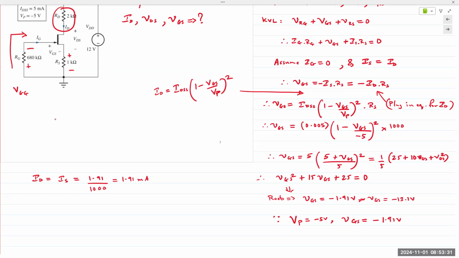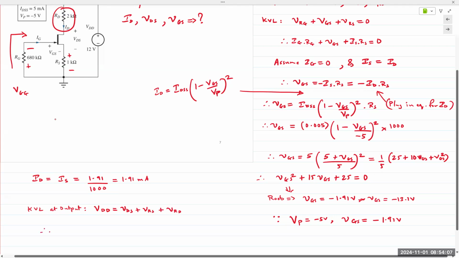Then for VDS, we apply KVL at the output. When you apply KVL at the output, we obtain an expression: VDD is equal to VDS plus VRS plus the drain resistor.